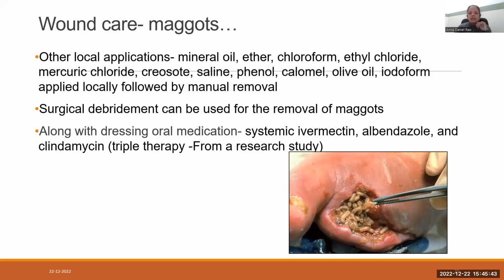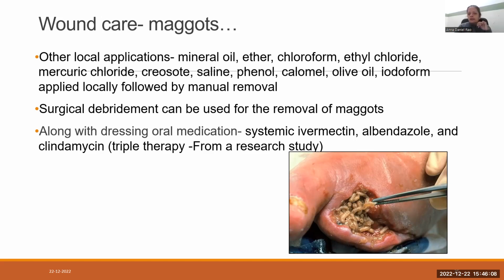So here you can see other materials which are used for care of maggots: mineral oil, ether, chloroform, ethyl chloride, mercury chloride is also used, resorcinol is used, saline of course, phenol. There are so many solutions which are used.